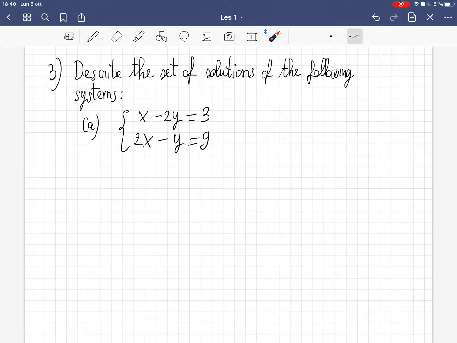It means that the variables appear just by themselves, and you can't find things like x squared, y squared, x times y. So the degree of the variables is always 1. So this is not allowed, and this makes things easier.